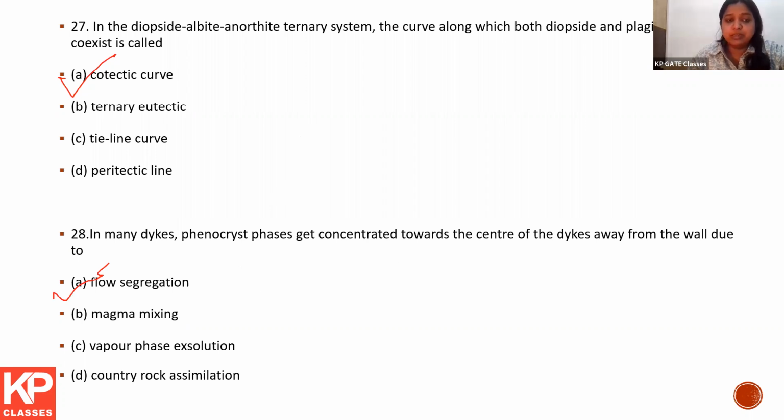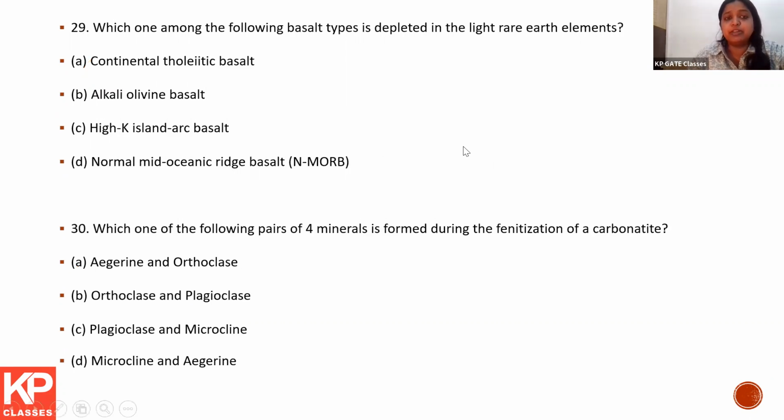Now the next one: which one among the following basalt types is depleted in the light rare earth elements? Continental tholeiitic basalt, alkali olivine basalt, high-potassium island arc basalt, normal mid-ocean ridge basalt. N-MORB is the answer.